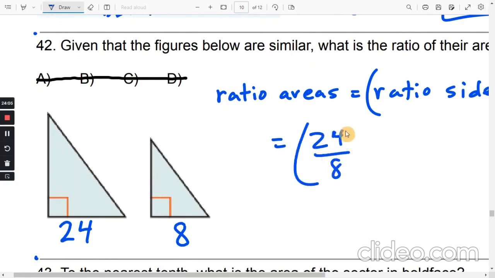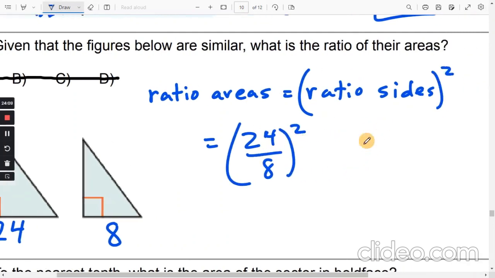And that's squared. But before you square that, it's better to reduce. Okay, 24 divided by 8 is actually just 3, or the same as 3 over 1. And that's squared. So you want to reduce this before you square it.